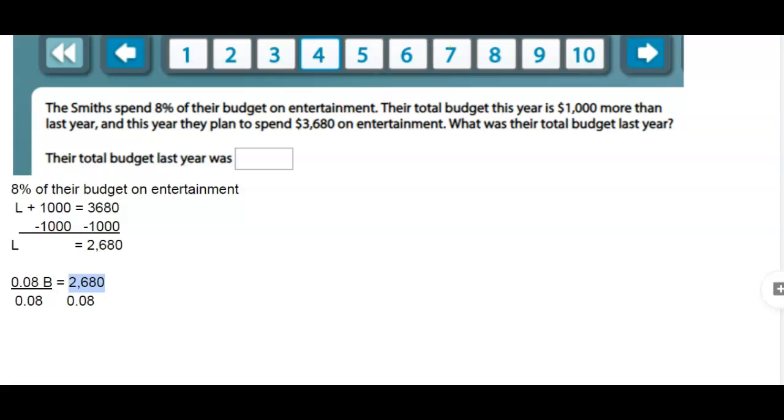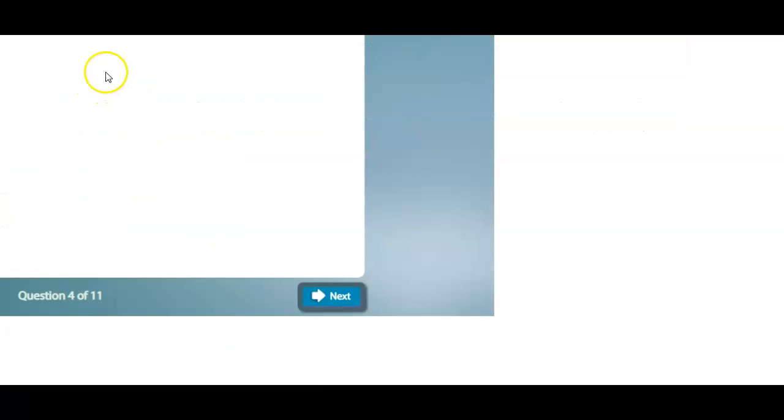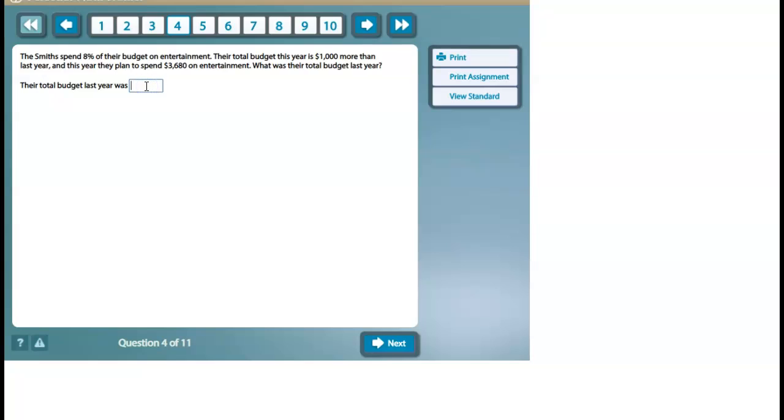So 0.08 divided by 0.08 is 1, times B is just B, equals 2,680 divided by 0.08, which is going to be 33,500. Okay, so now I put it right there. It is 33,500.